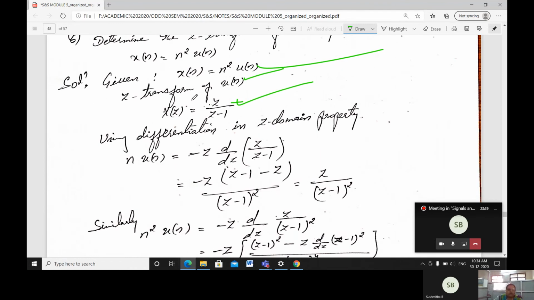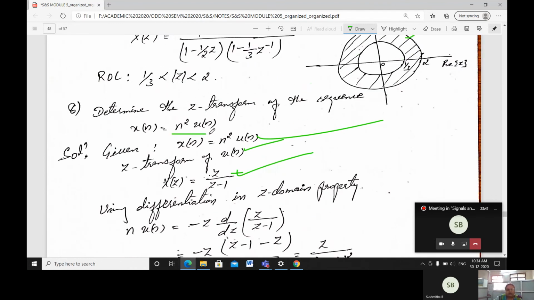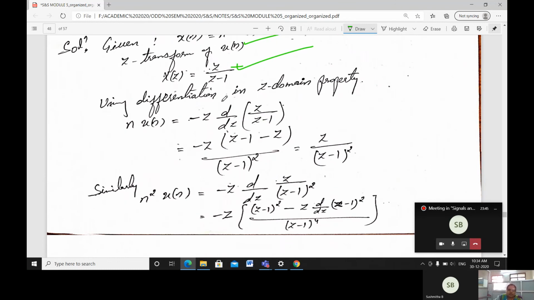Then which property do we have to go for? We have to use the differentiation twice. Using differentiation one time, I can get n into u of n, that is going to be minus z d by dz of z divided by z minus 1. Differentiate this, you will get z divided by z minus 1 whole square.